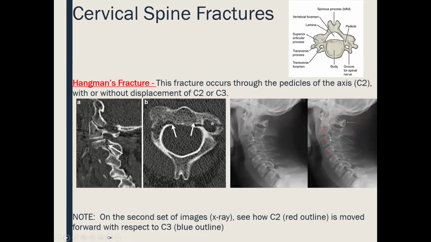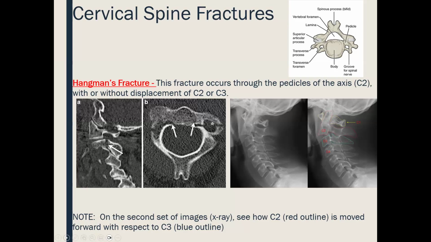Fractures into the vertebral foramen are problematic because the vertebral artery and vein pass through it. So arteries and veins pass through the foramen, and when you have a Hangman's fracture, this can be very critical.